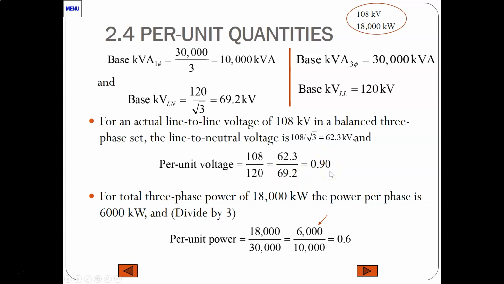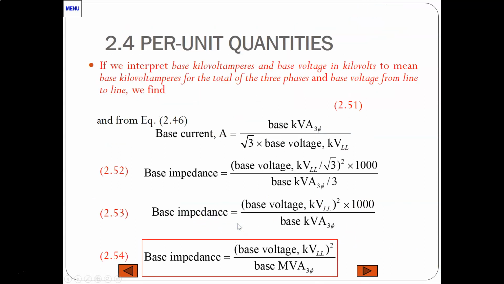So even though we have 3 phases and 1 phase, the per unit value relationship will be the same. That will also be important when we look at the power from a generator later in the course. For total 3-phase power, such as 18,000 kilowatt, the power per phase is 6,000 kilowatt, so we just divide it by 3. You can see the relationship down here that it will be the same, 0.6.